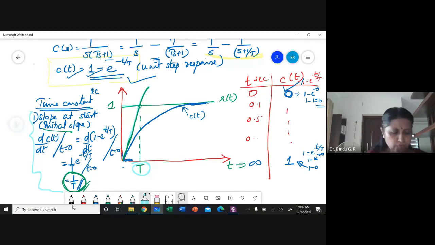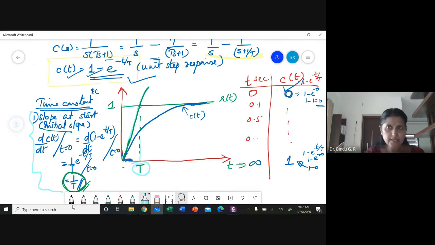So one definition you can write, I'll just dictate this. Time constant can be defined as the time taken by the system response to reach the final value, if it had maintained, that is what is meant, its original slope of increase.